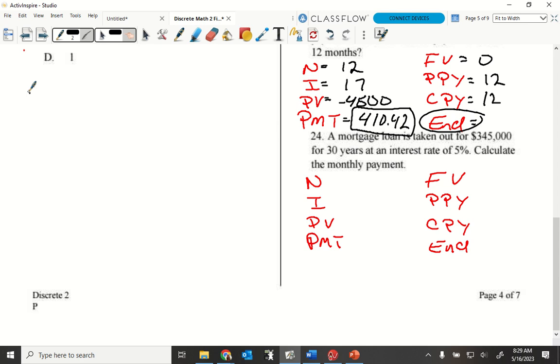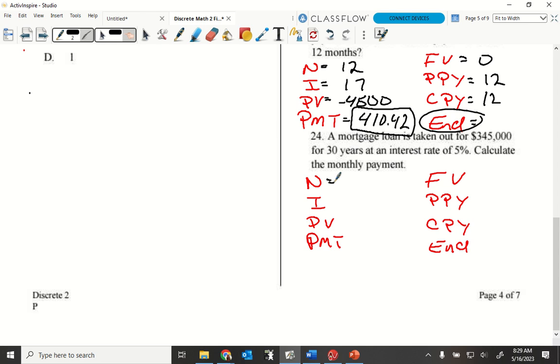Mortgage loan is taken out for $345,000, 30 years at an interest rate of 5%. Calculate monthly payment. So, if it is a mortgage, how often do I make a payment? Every month, right?